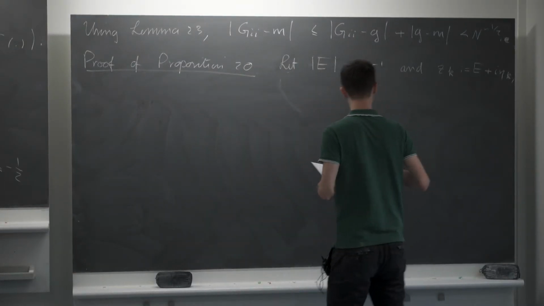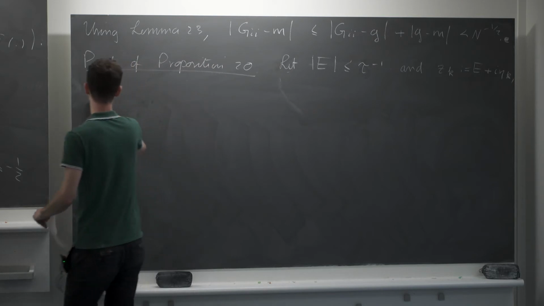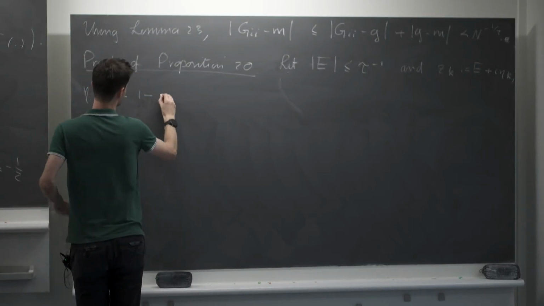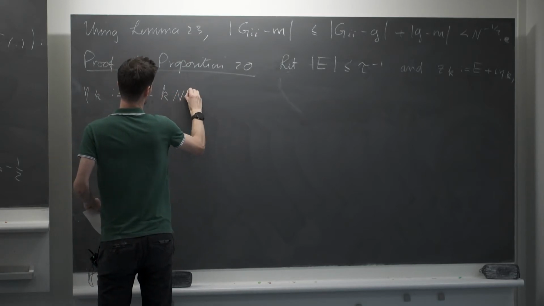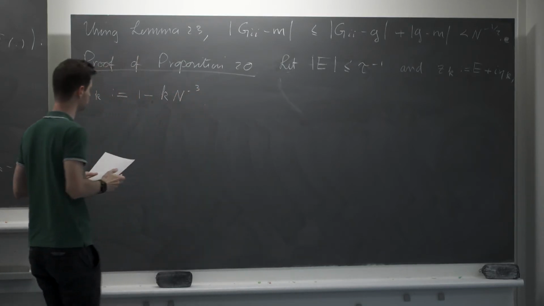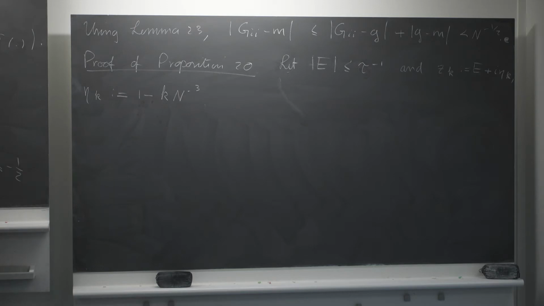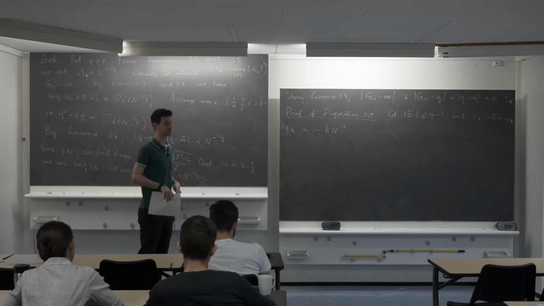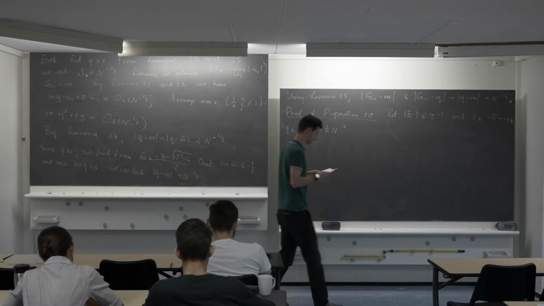Okay, and eta k is equal to 1 minus k n to the minus 3. So this is exactly the setup we had before. You start at eta 0, which is equal to 1, and then you go down in steps of n to the minus 3.